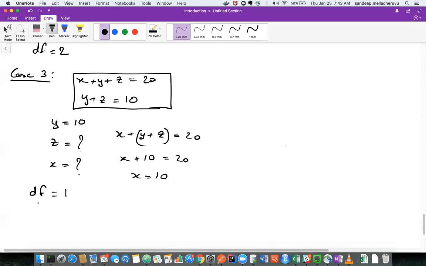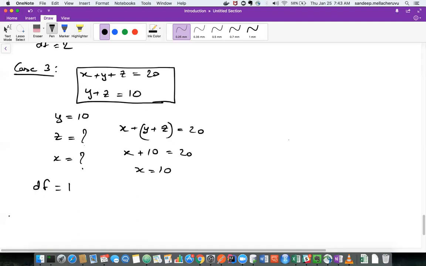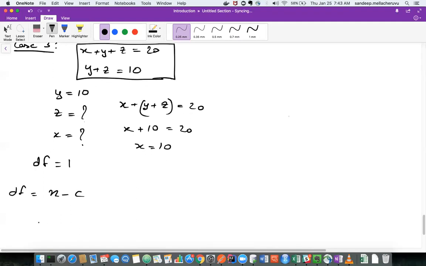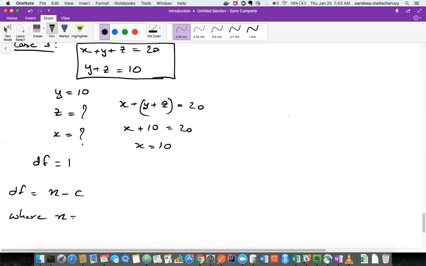Only one variable. Now, can I define degrees of freedom as n minus c, where n equals the number of variables and c is the number of constraints?